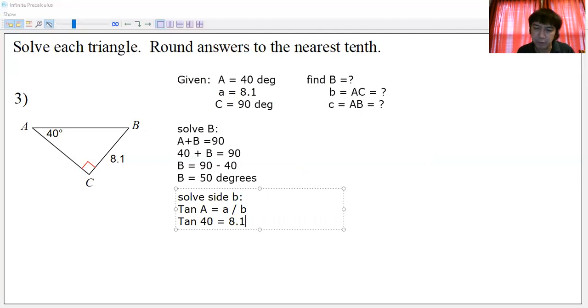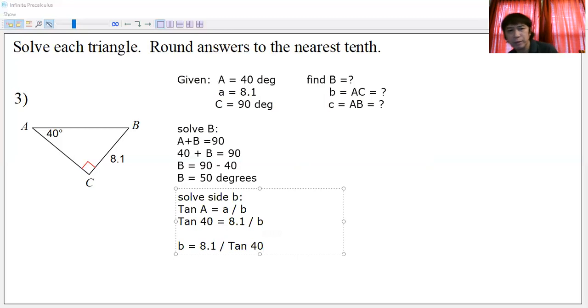8.1 divided by what you're solving, the small b. And then by algebra, b is equal to 8.1 divided by tangent 40.